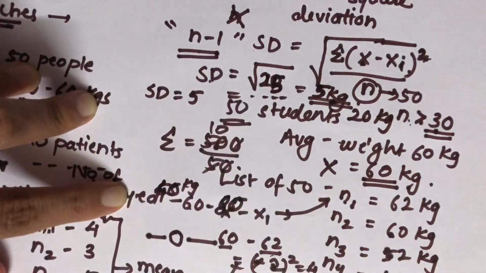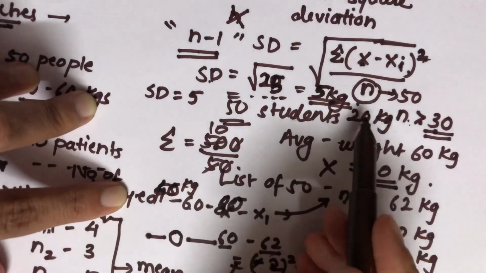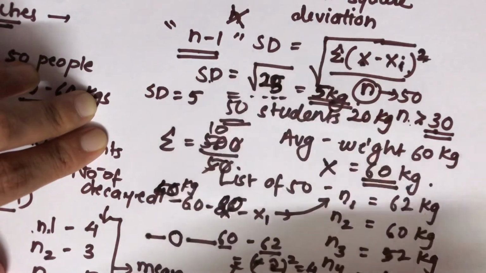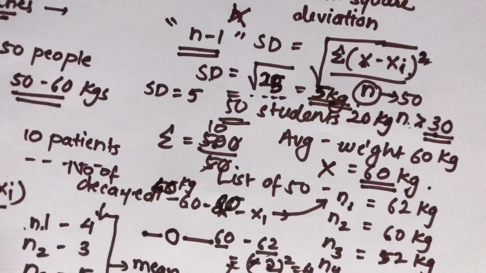So the greater the standard deviation, the greater the magnitude of dispersion from the mean. And a small standard deviation means a higher degree of uniformity of the observations.